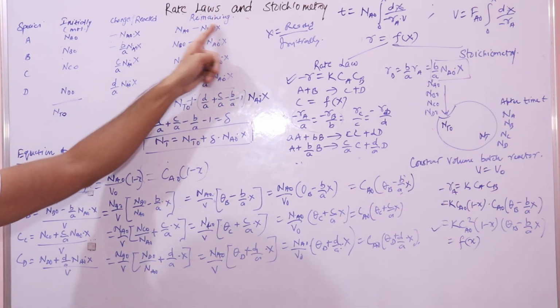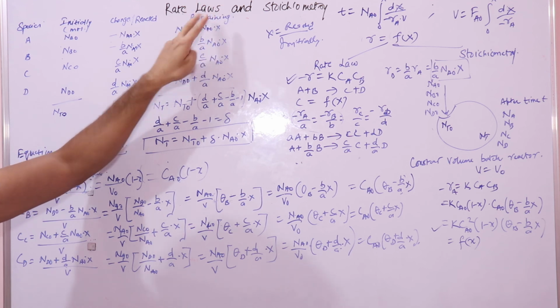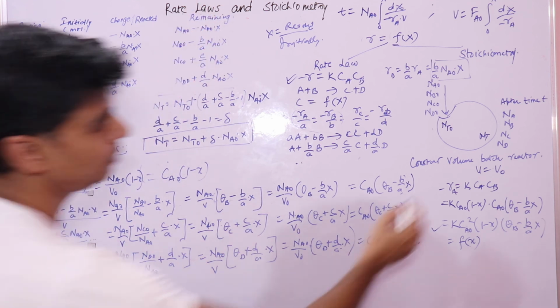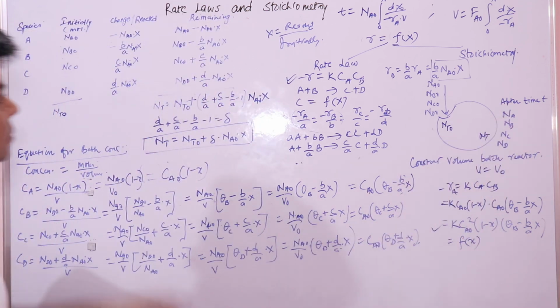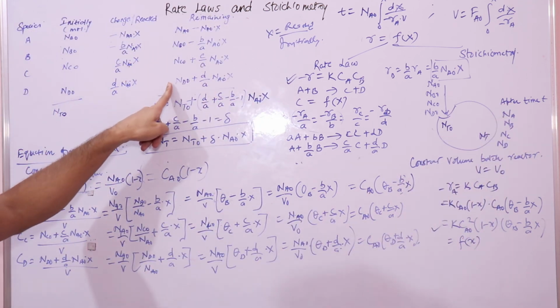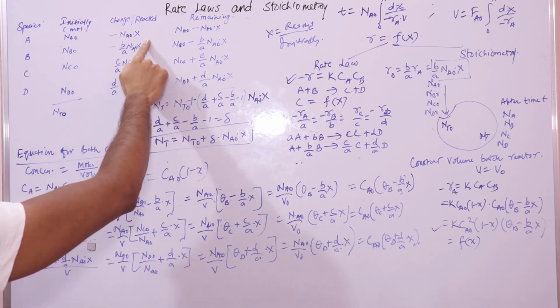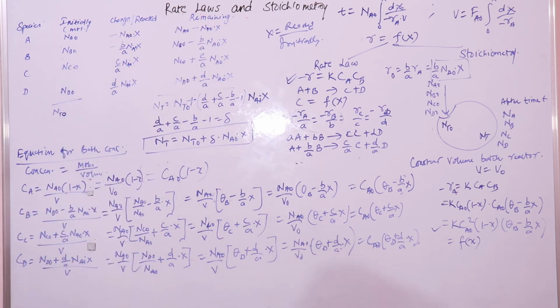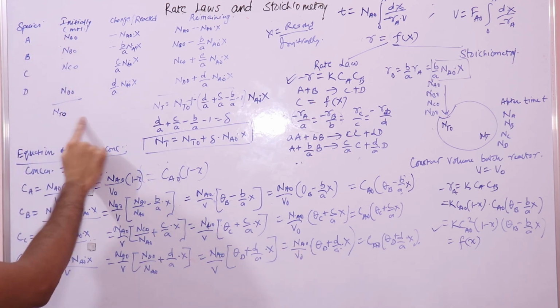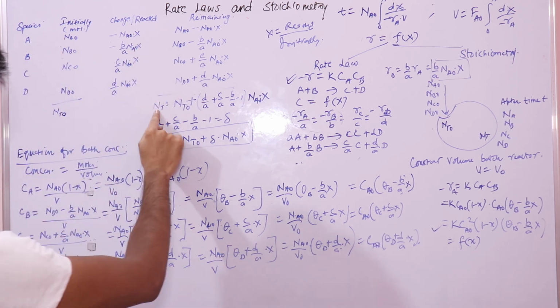Then the fourth column has the remaining amount after time t, which we calculated simply: initial minus how much has reacted gives the remaining. Then the total of all these is NT0, and the total at time t is NT.